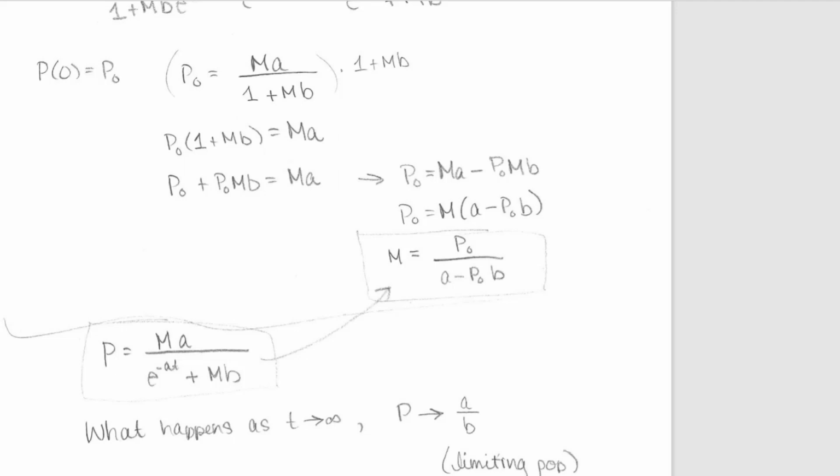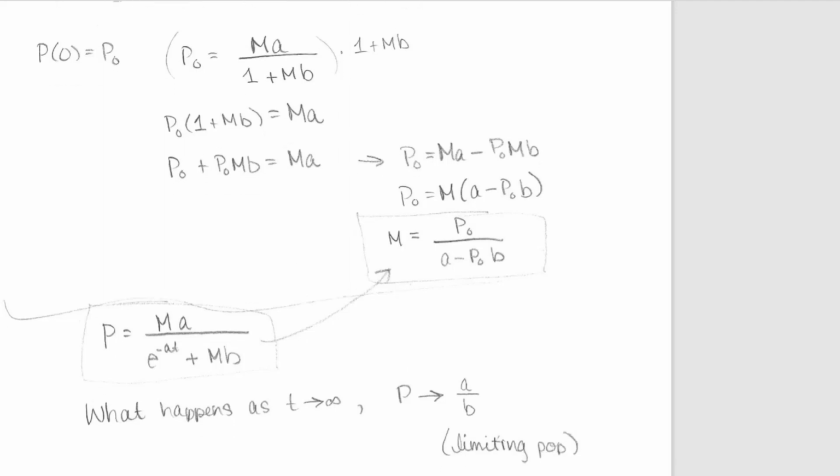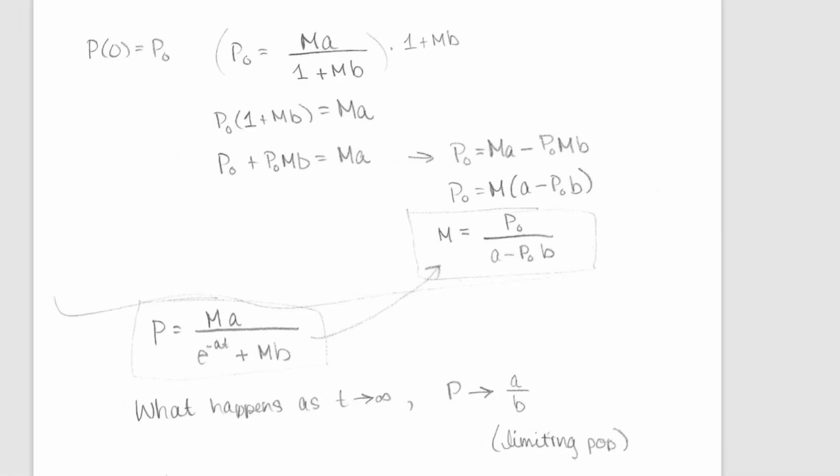A and B were both positive constants. So as t goes to infinity, the e to the negative AT goes to 0. So I would just get MA over MB, and you can cancel the M, so you just get A over B. So in these problems, the limiting population, or as t goes to infinity, the population goes to A over B.